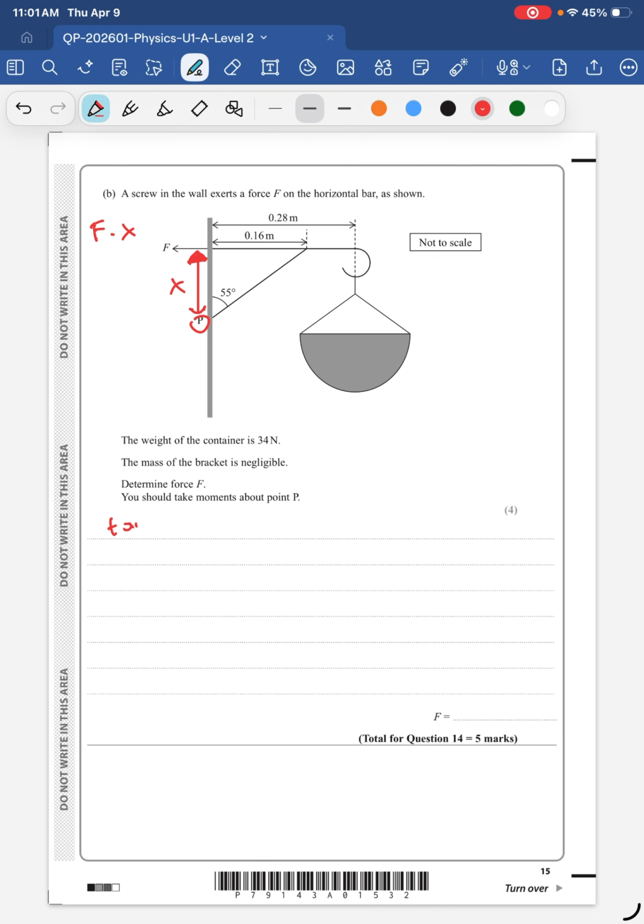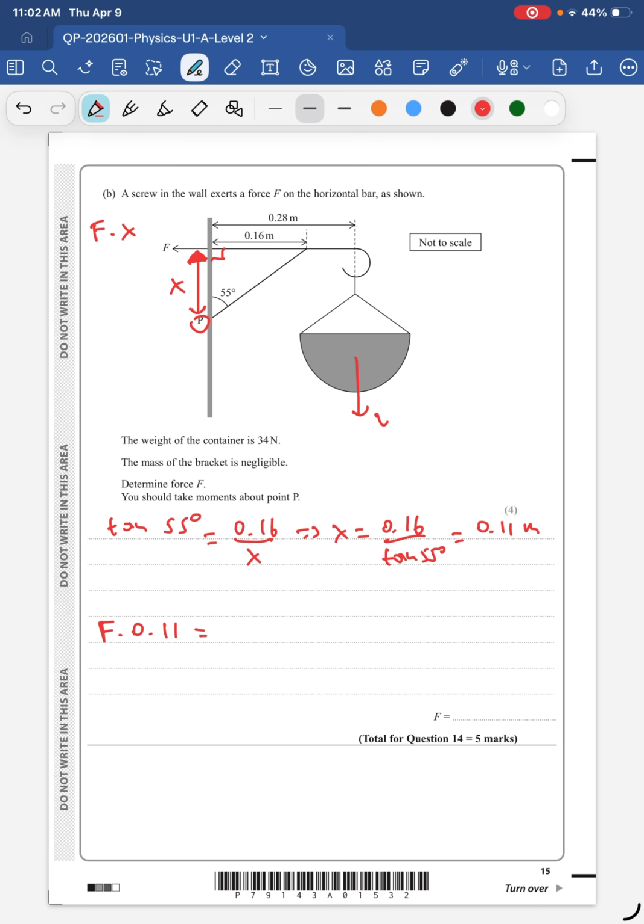The tangent of 55 degrees is pretty much 0.16 over X, because this is a right triangle. So X is 0.16 over the tangent of 55 degrees. That's 0.11 meters. So F times 0.11 meters is going to be equal to the weight.